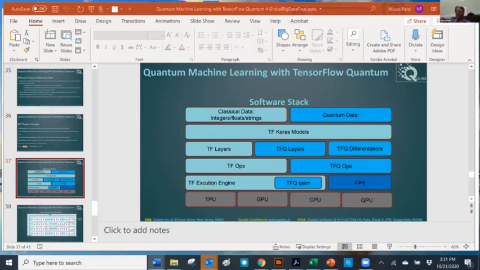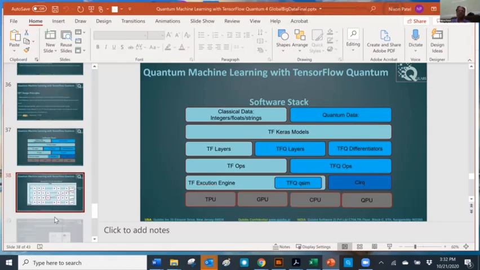That way TensorFlow Quantum has high-level layers that can be manipulated through matrix manipulation, and then you allow different kinds of differentiation to do your backward propagation to calculate gradients, through the various operations that can be run through a simulator like Cirq or on quantum hardware, something called a QPU, quantum processing unit. And basically that's how the stack is utilized, right?